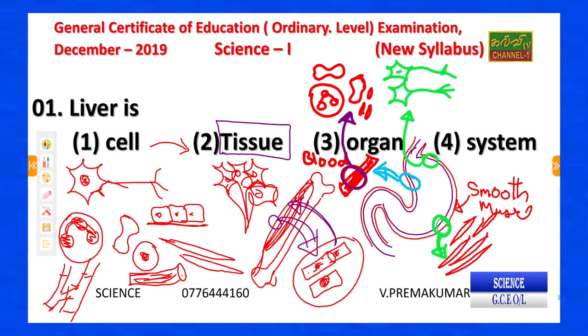Initially, this is the basic structure: cells, nervous cells, blood cells, epithelial cells, muscle cells, right?